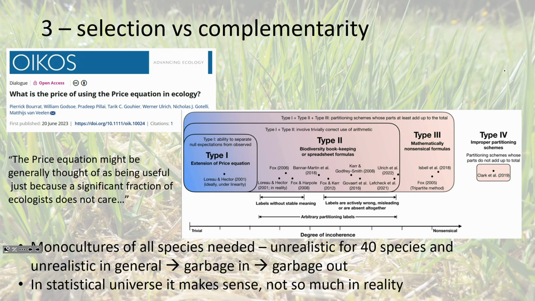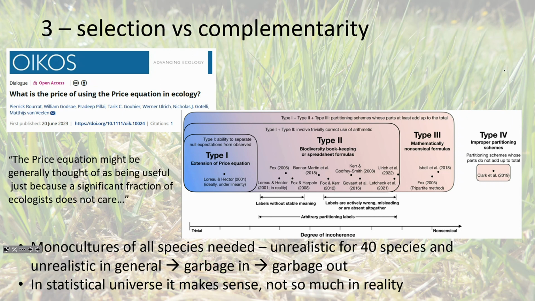And then there you have some foxes. It's very commonly used, some foxes, the derivations from this. So this is type 2 biodiversity bookkeeping, or spreadsheet formulas, which involve trivially correct use of arithmetic. Fine.